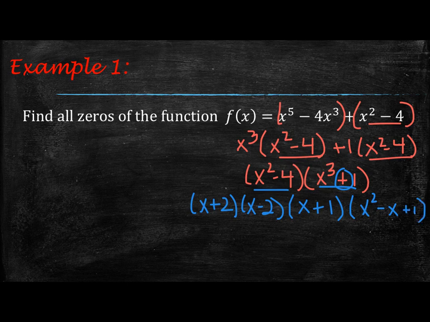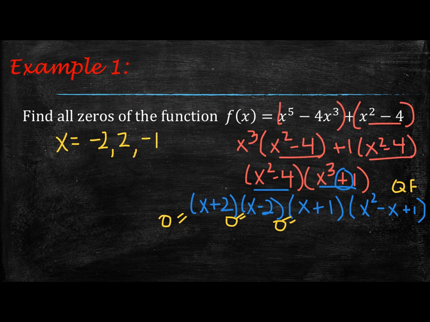Alright, so all of these first 3 factors I can just set equal to 0 and solve. But this last one I'm going to have to use the quadratic formula on. So my first 3 zeros, I'm going to write them up here, are negative 2, positive 2, and negative 1.